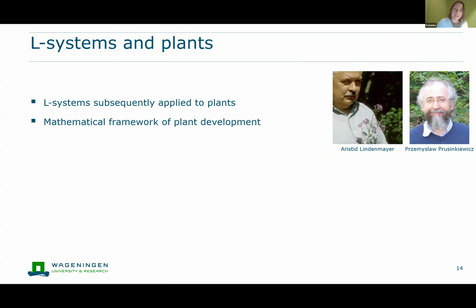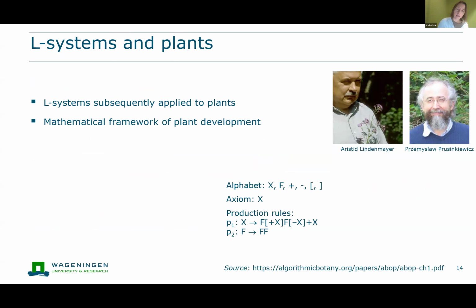And this framework was also adapted to plants and became a very nice mathematical framework of plant development. So we can define some rules that will describe the development of plants over time. This textual form, for example, describes how a bush-like plant will develop, but just with the letters, it does not tell us so much.